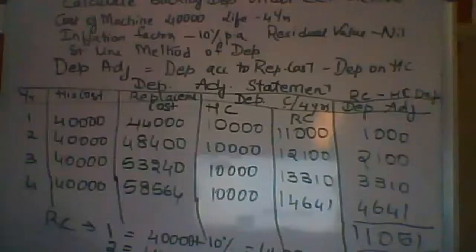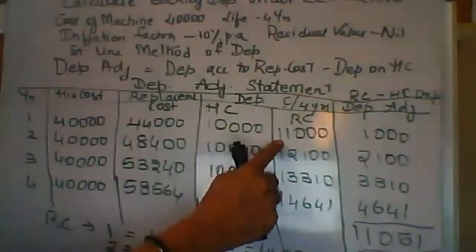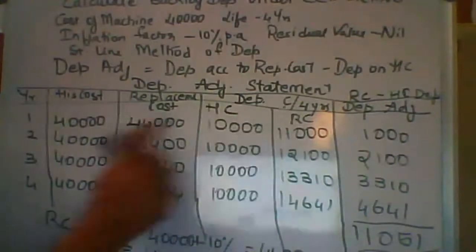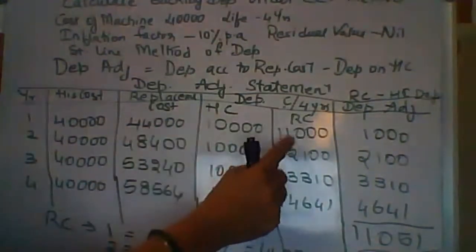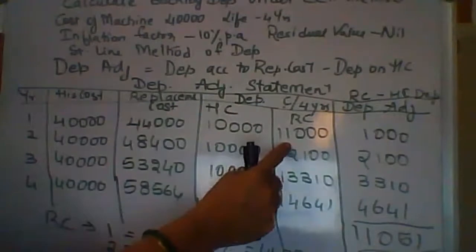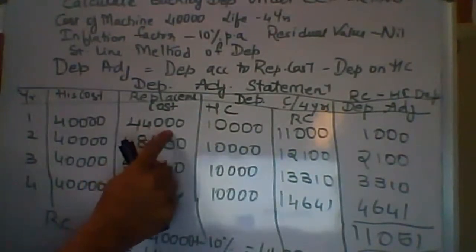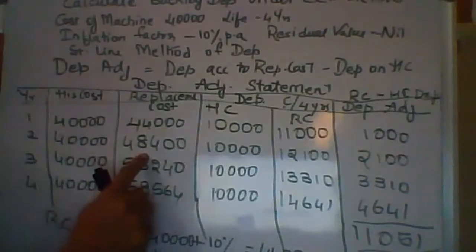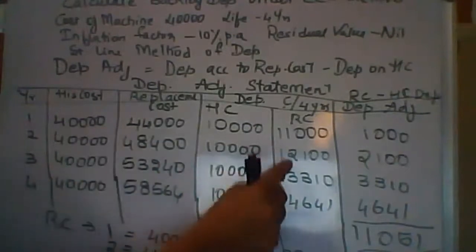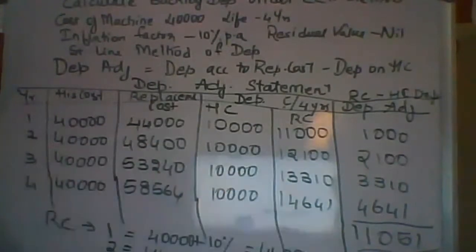Okay. What happens when you are talking about replacement cost? See, this is the depreciation in replacement cost. This is only the first year's 10% impact. In the second year, again there was a 10% inflation. Only in the second year, the depreciation is 12,100.